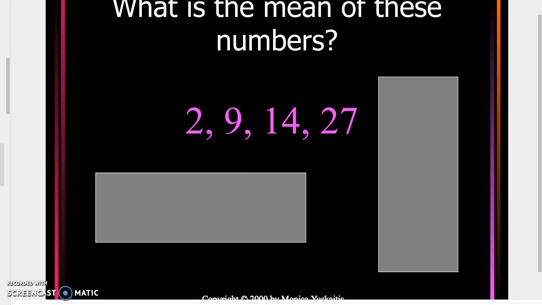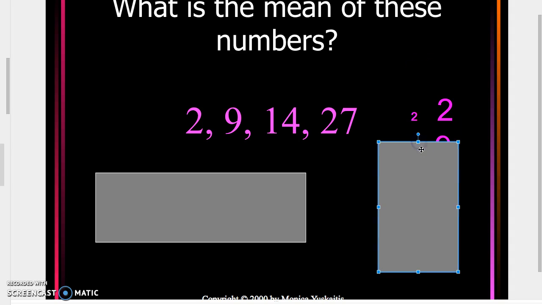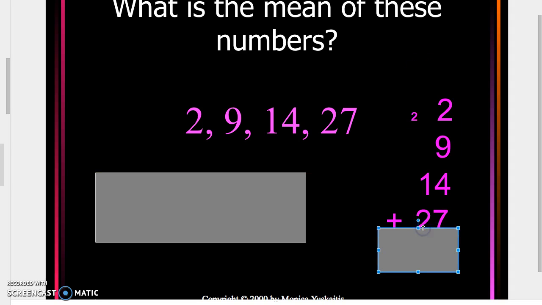All right, let's try another one. 2, 9, 14, and 27. What's the first thing you're going to do? That is add up all these numbers. Over here, I've added them all up. I have 2, 9, 14, and my 27. 7 plus 4, 7, 8, 11, plus 9 more is 20, plus 2 more is 22.